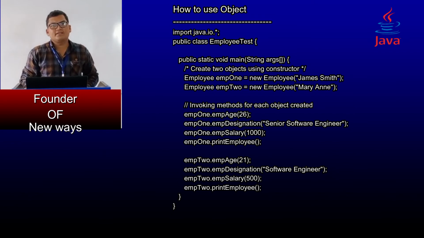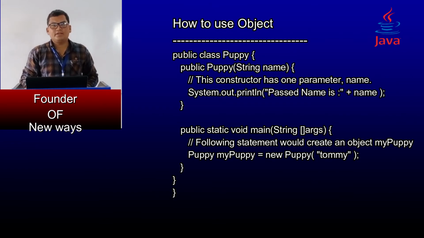First is declaration, a variable declaration with a variable name and an object type. Next is instantiation, the new keyword is used to create the object. And third is initialization, the new keyword is followed by a call to a constructor. This call initializes the new object.